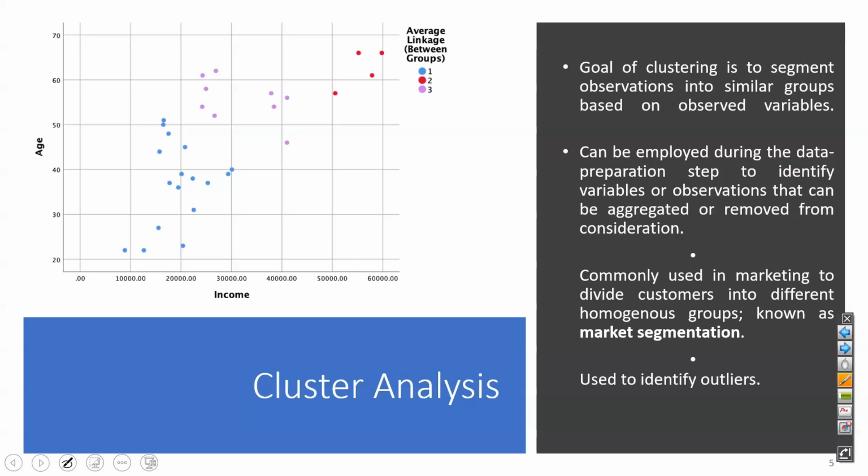Another thing we often use cluster analysis for is to reduce the number of variables that we are going to use in the long run. Imagine you have tens of thousands of different variables. When you run a cluster analysis, essentially you may have a situation like this. I have age, I have income.